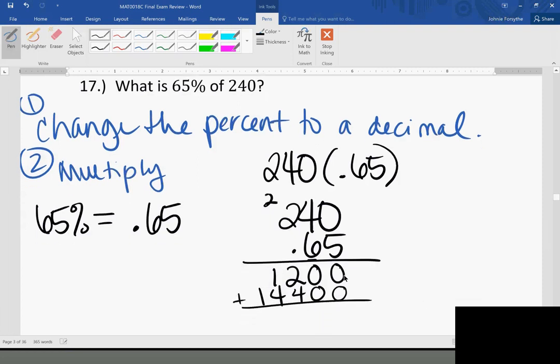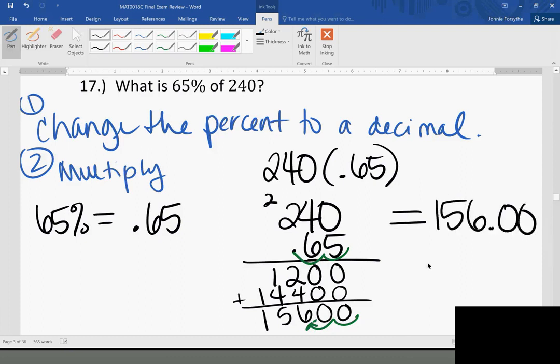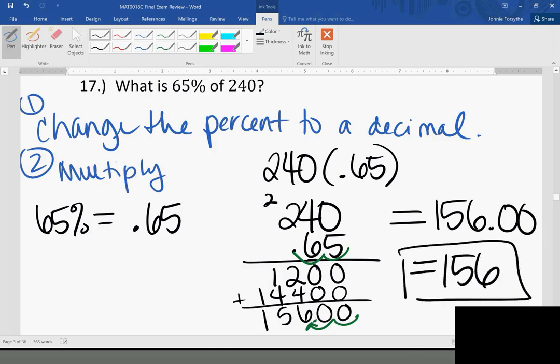And then we're going to add this up. So we have 0, 0, 6, 5, 1. But I'm not done. Remember, I had 2 decimal places here, so I must move 2 decimal places to get my final answer. So the final answer is going to be 156.00, which we can just say is 156.